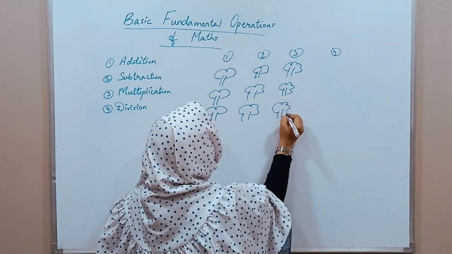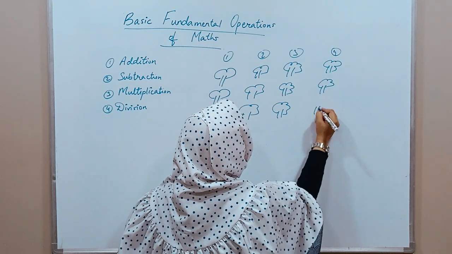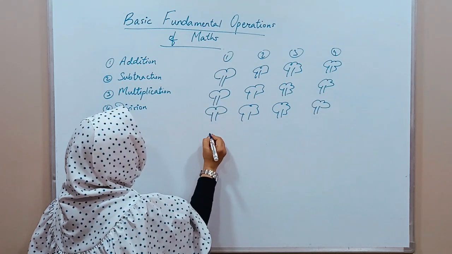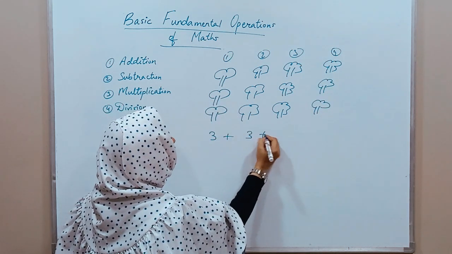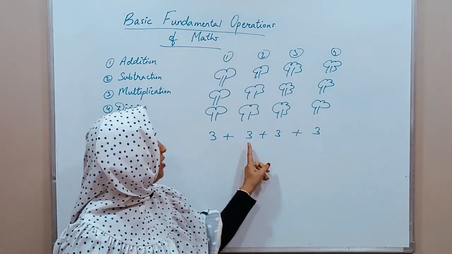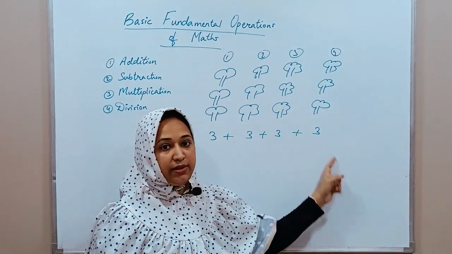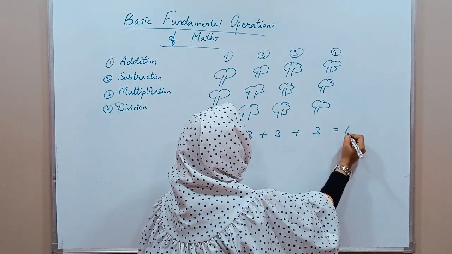So how many trees are there in total? What we will do, we have 3 plus 3 plus 3 plus 3, right? This is repeated addition. 3 plus 3 plus 3 plus 3, that makes it 12.